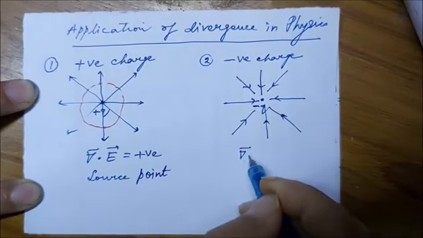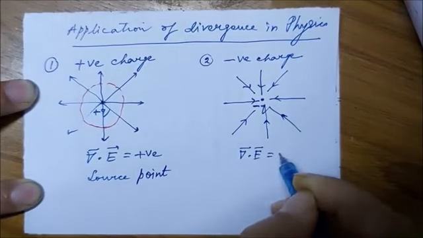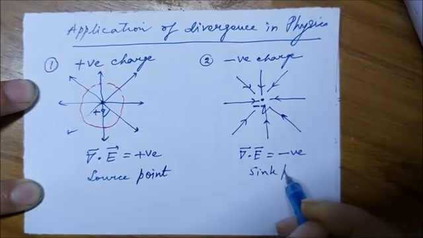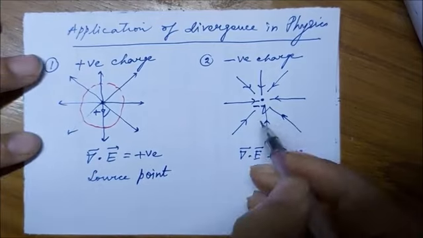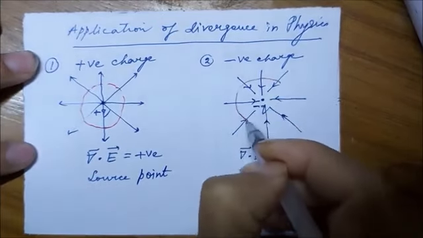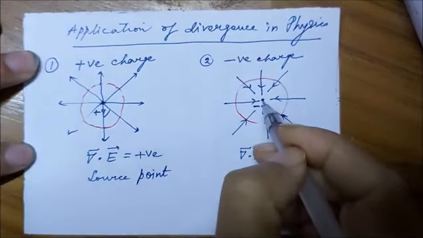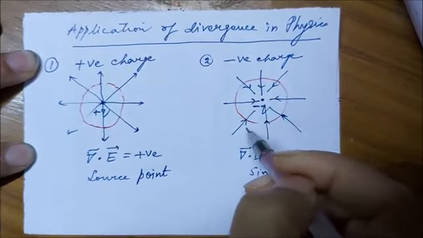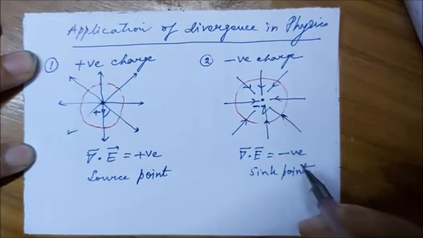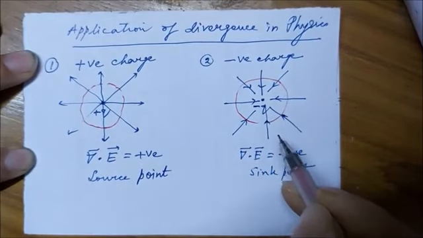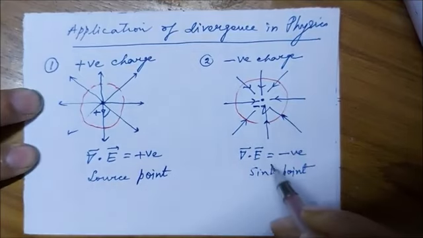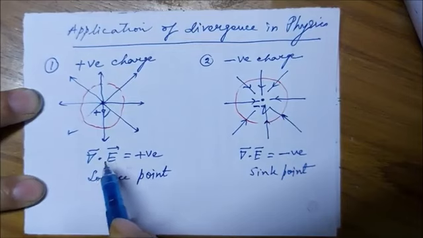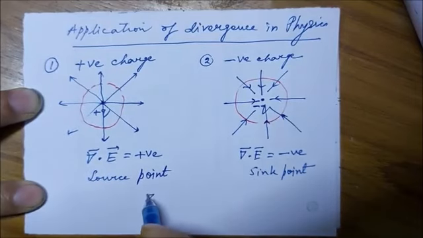And in this case, divergence E will be negative. If we consider a closed surface enclosing this point, then across the surface lines of force will only go inside. So there is a net inward flux, and hence the field is convergent. Divergence is negative.